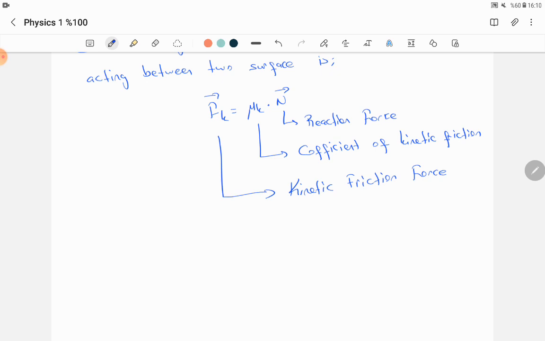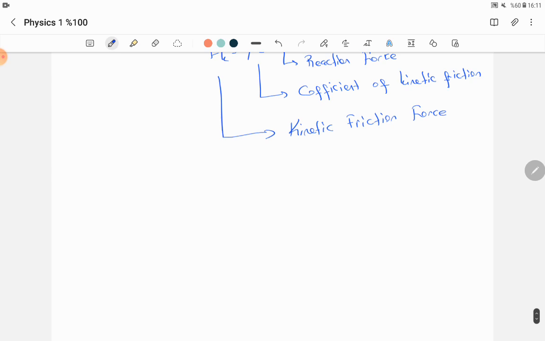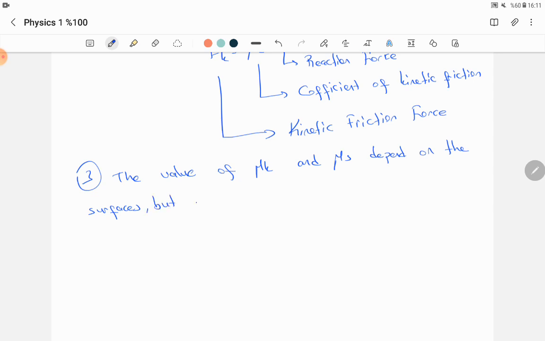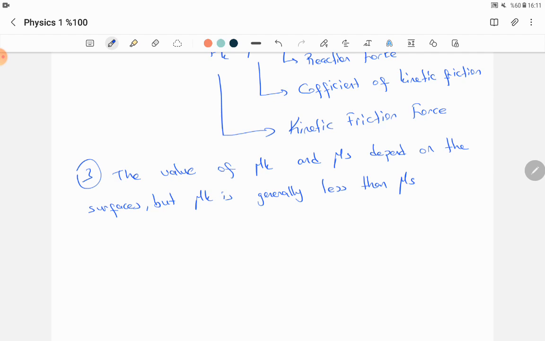And the value of mu kinetic and mu static depend on the surfaces, but mu kinetic is generally less than the static friction coefficient.